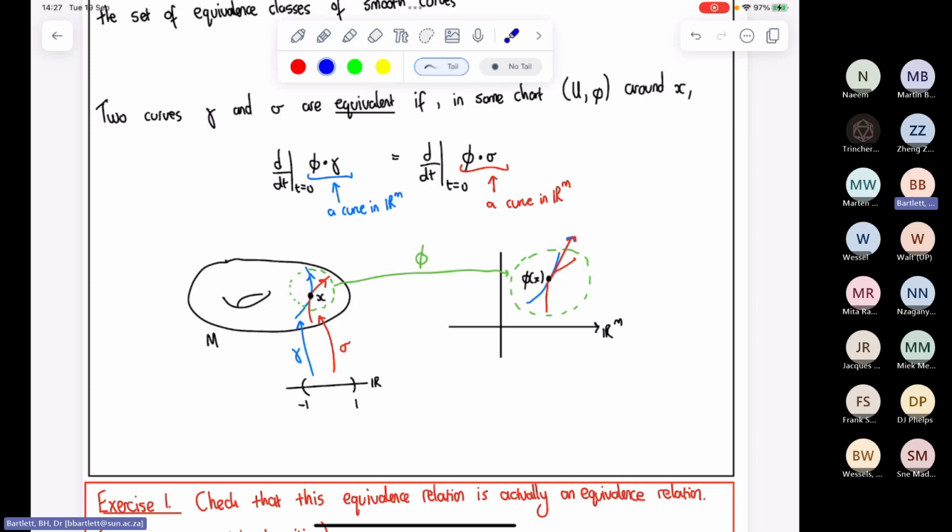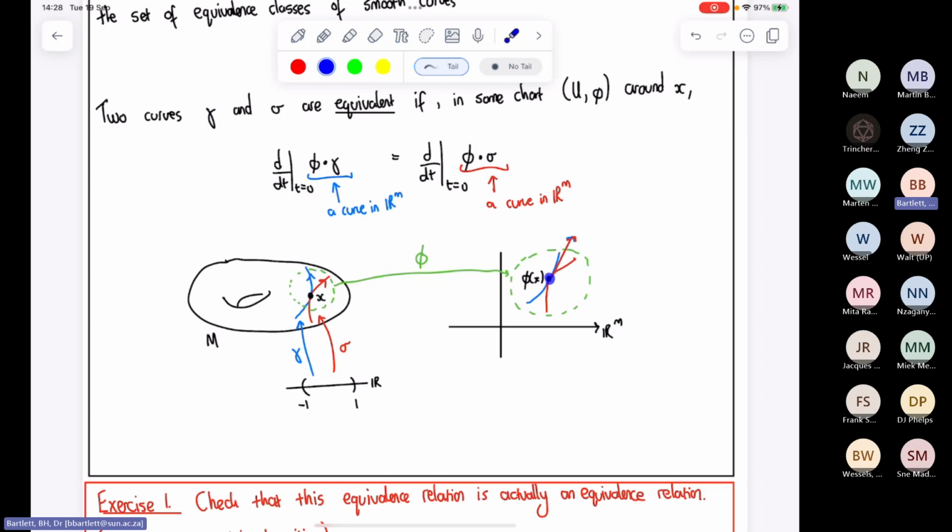How do I know that they're equivalent? Because I take a chart around x, this phi, and in this chart, I'm going to get the composite of these curves with phi, post-composing with phi, which is going to give me a curve in Rm. When I've got a curve in Rm, I can calculate its derivative just in the ordinary way. And what I want is that they'll be equivalent precisely when this derivative computed at time 0, remember at time 0, that's exactly the time at which they go through the point x.